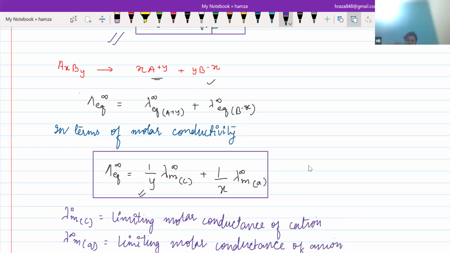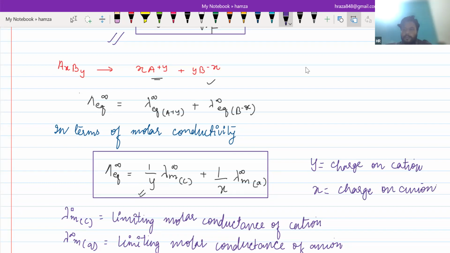Y is basically charge on cation and X is basically charge on anion. So I just introduced molar conductivity also.